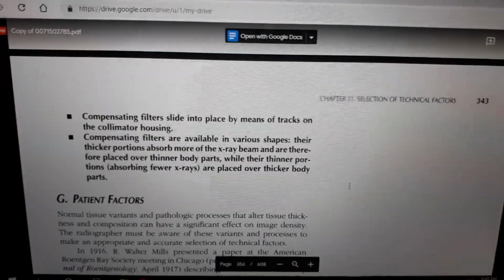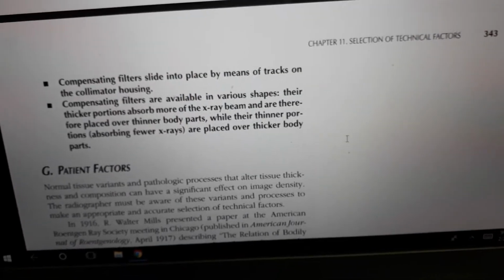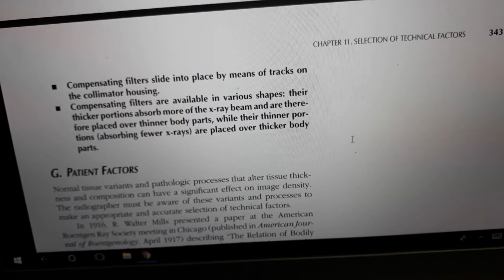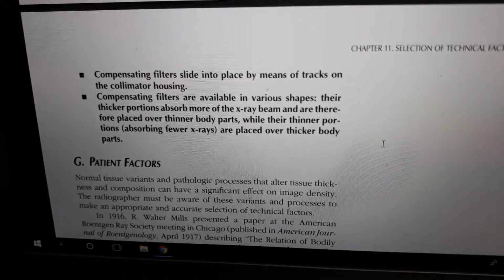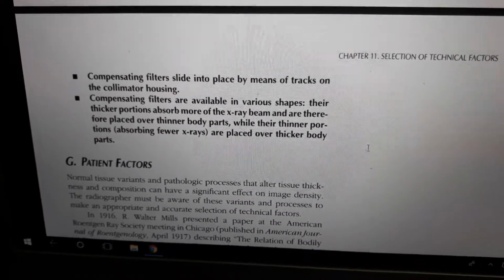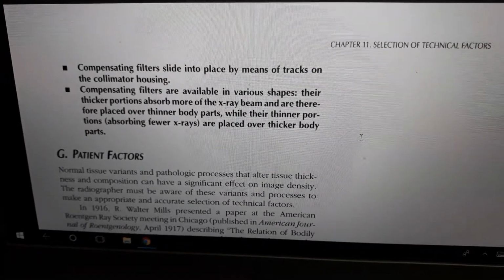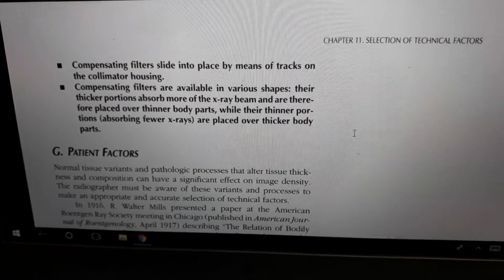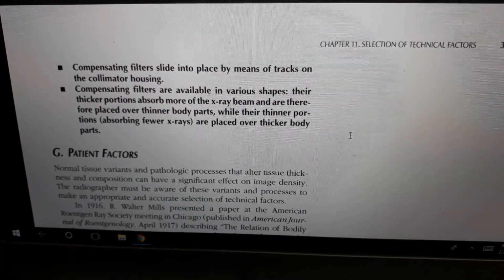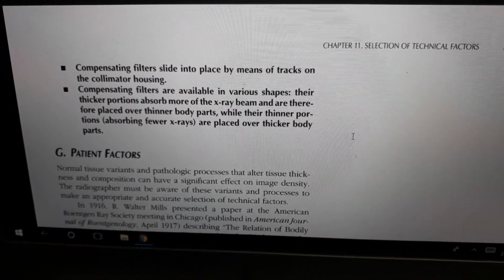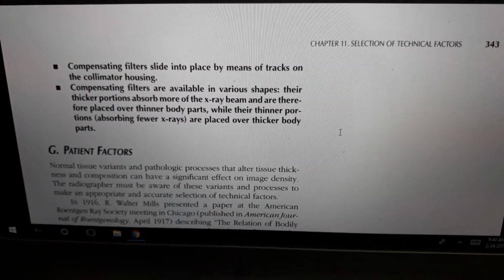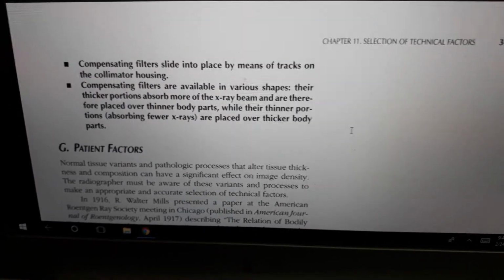Their thicker portions absorb more of the X-ray beam and are therefore placed over the thinner body part, while their thinner portions absorb fewer X-rays and are placed over the thicker body part.